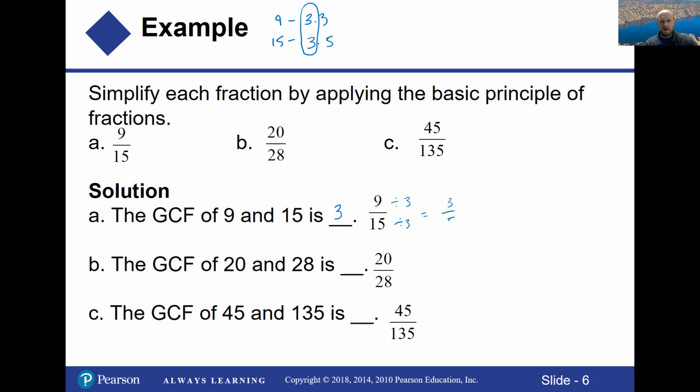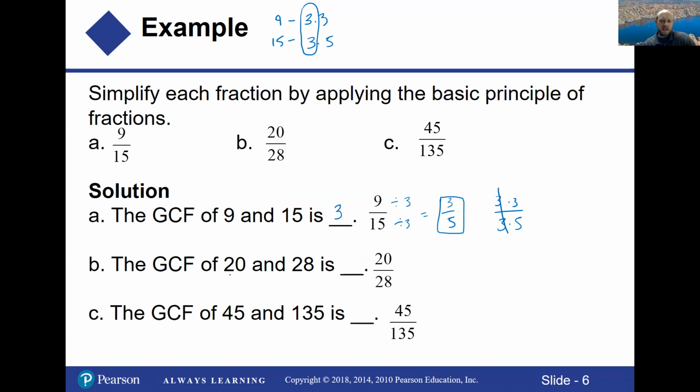That's going to give us 3/5. Okay, and you can kind of see that up here, 3/5. Or what you could do is you could take 9 and make it into that 3 times 3. 15 is 3 times 5, and then cross off that common factor. This is typically the way that I'm going to do it here when I'm simplifying rational expressions. So I'll do the next one like that as well.